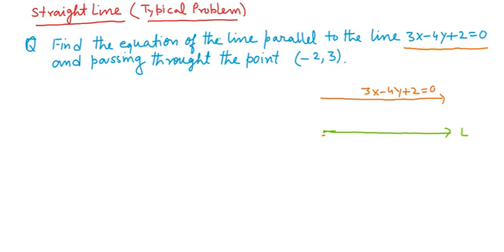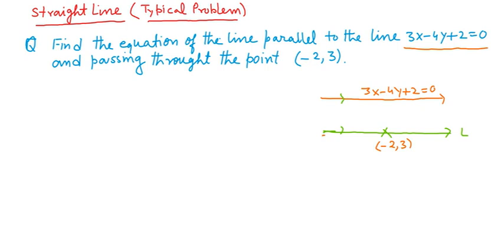This line L is parallel to this line and this line L is also passing through a point minus 2, 3. These two lines are parallel.